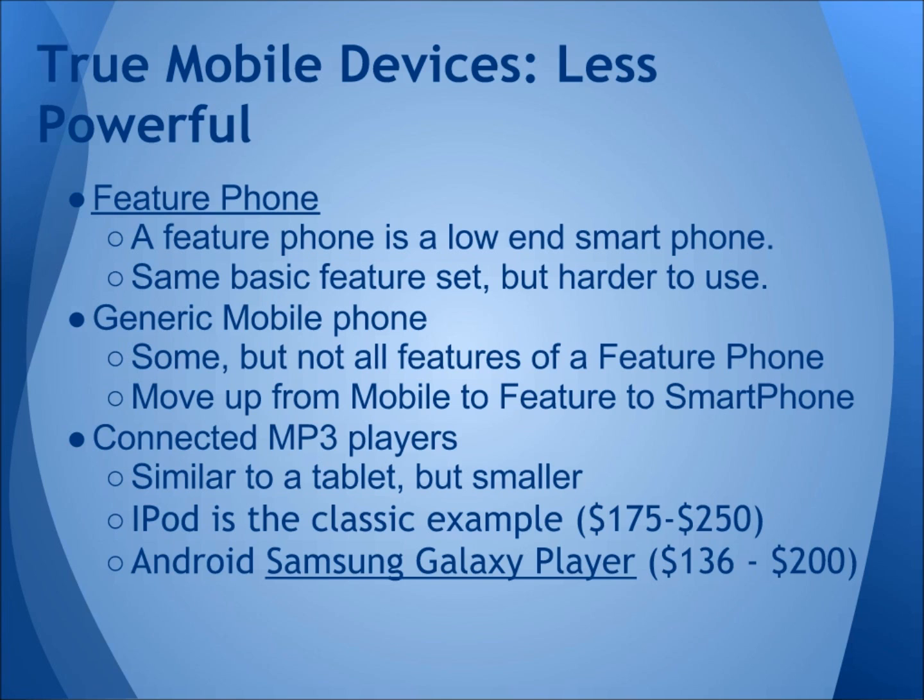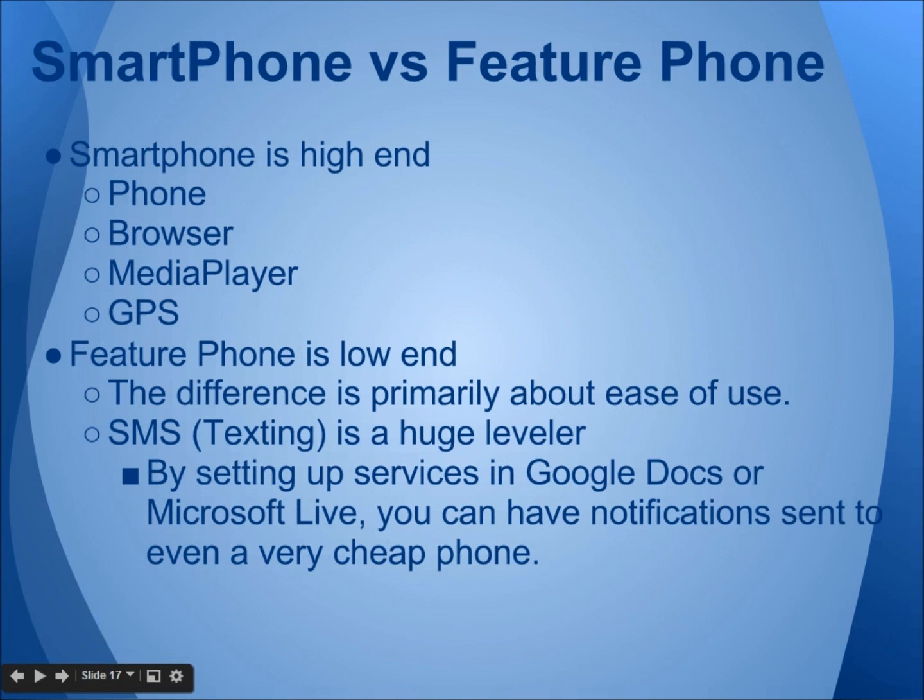When you're holding an iPod in your hand, all you've got is a lighter iPhone without the phone. So if you want to talk to somebody, you need to run Skype, which you totally can on an iPod. So, or on the Galaxy player, they're running Android. They can do these cool things, but they don't have a phone built into them. So that's those MP3 players, and they're usually significantly cheaper than the other.